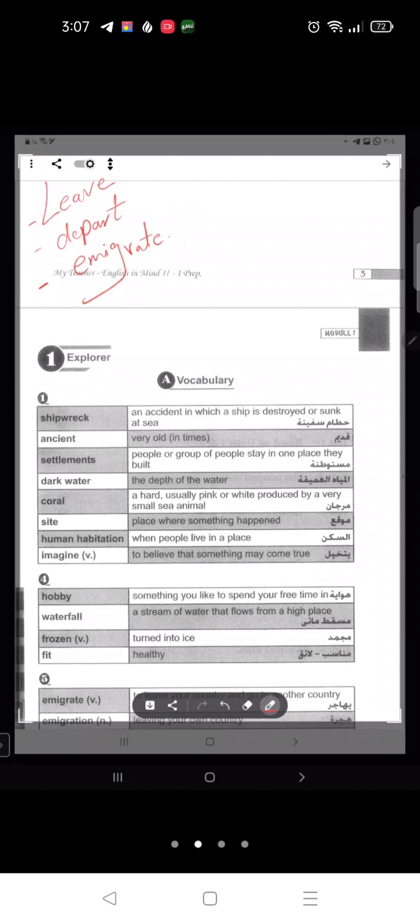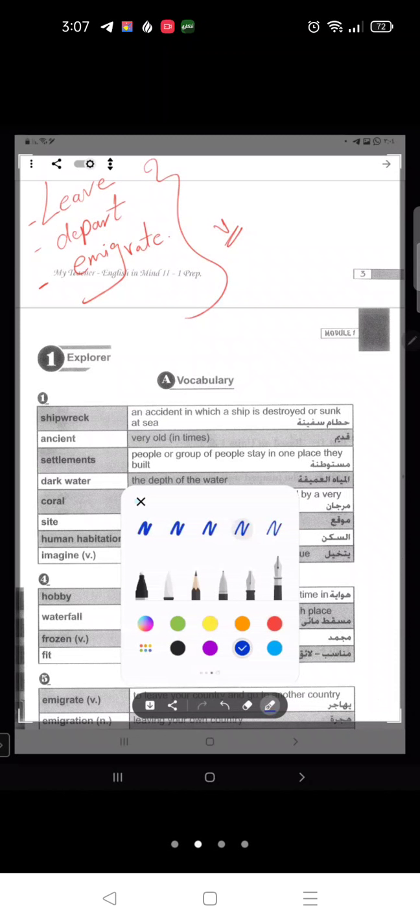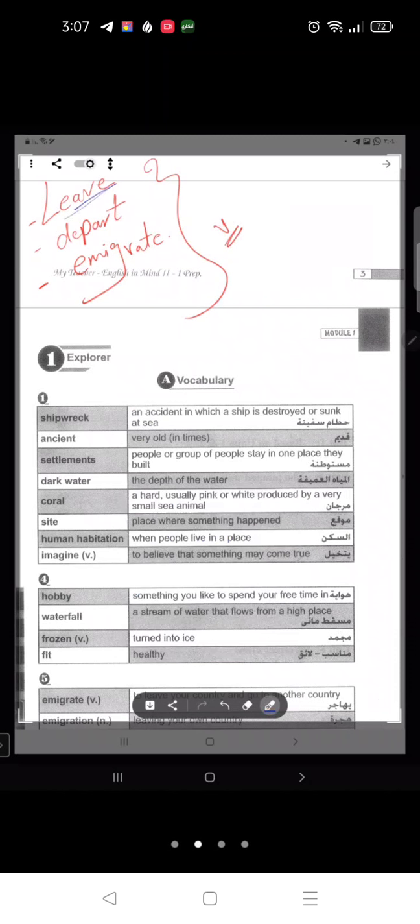Emigrate. Let me tell you something that these three words, they are verbs, okay? But they have different meanings. So let's start by the first one, the word leave. Leave means to give up something.